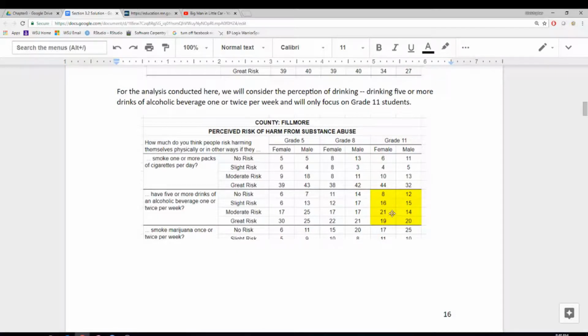For moderate risk, I had 21 and 14, so that was 35. And then for great risk, I had 19 and 20 for a total of 39. So the data that I'm going to be analyzing here are those totals across both genders for grade 11. Again, those were 20, 31, 35, and 39.